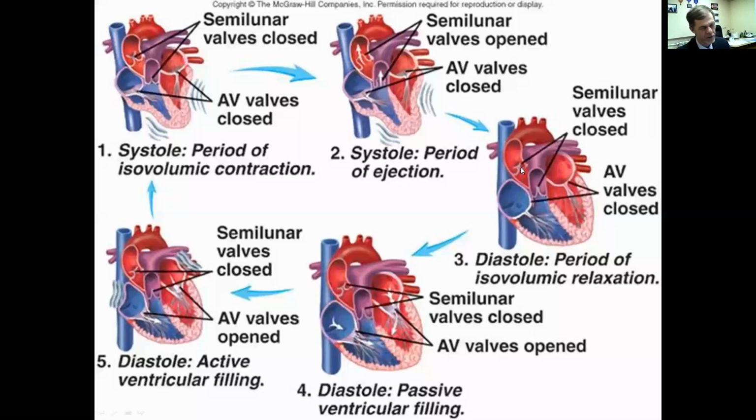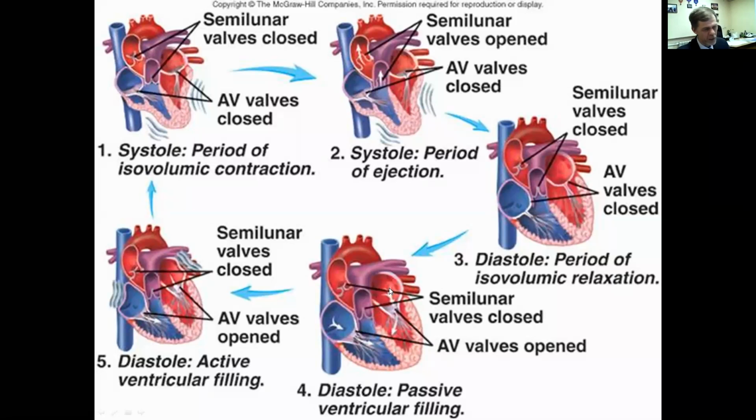But we have valves, and these valves don't let blood return. As a result, semilunar valves closed, AV valves still closed, and we have the period of isovolumic relaxation.